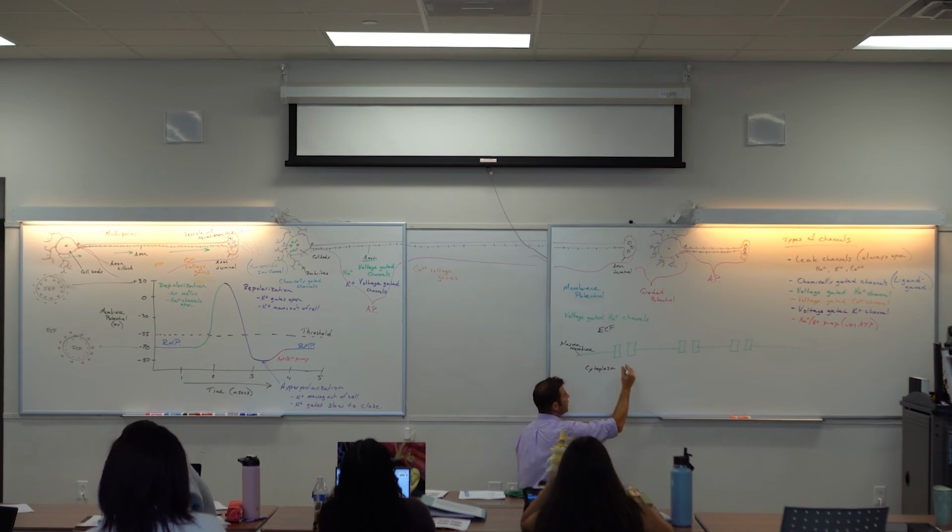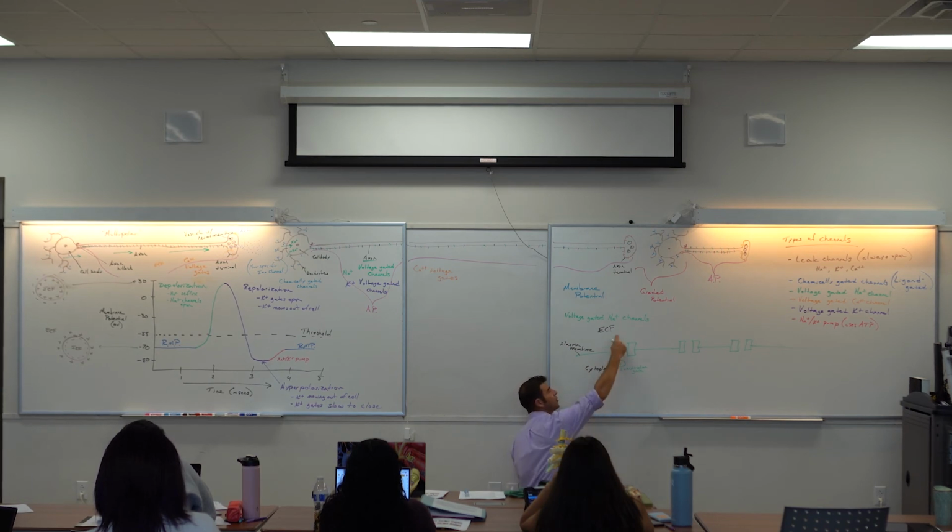The first one, on this side of the first half of this channel, I'm just going to put a small I right there, and I'm going to put a circle around it. This little ball that's basically dangling from a thread there is going to be what we call the inactivation gate. That's why I put the I there, because it stands for inactivation gate.